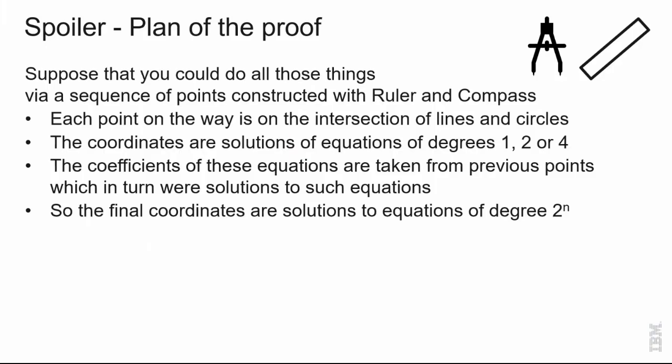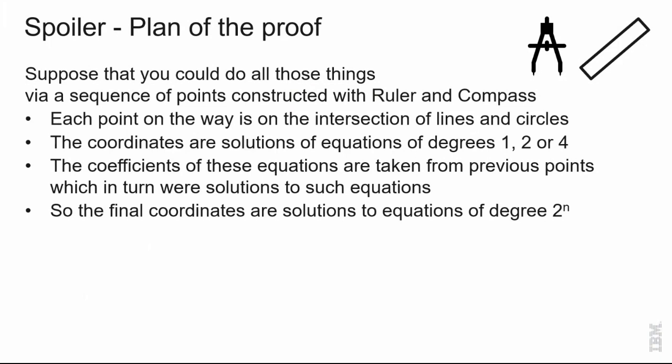And it happens that the coordinates of these intersection points, if you go ahead and try to find out what they are, you see that you have to solve equations of degree 1, 2, or 4. If you want to find the intersection between, say, a line and a circle, you just have to solve an equation which happens to have a degree 1, 2, or 4, depending on the particular case.